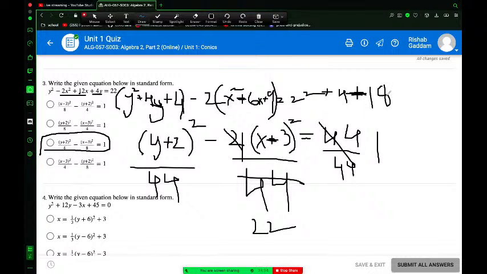That's 8. Sorry, my brain froze. Okay, so then we have y over 2 squared divided by 8. And so I think the answer is this one.